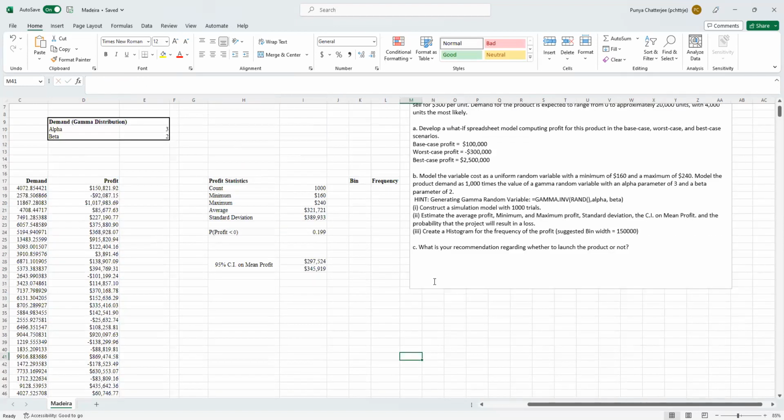Now let's look at the bin and frequency. So for bin, again, you're going to start from your minimum. And I give you a suggested bin width to be 150,000. Feel free to do any other way, whatever you think is better.